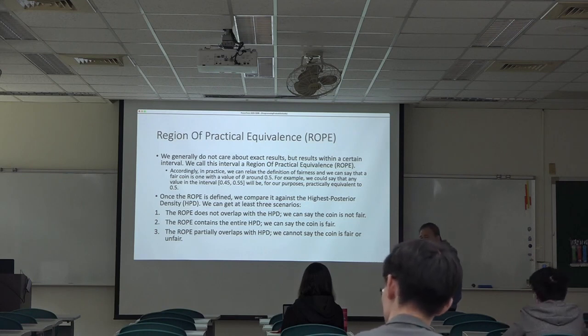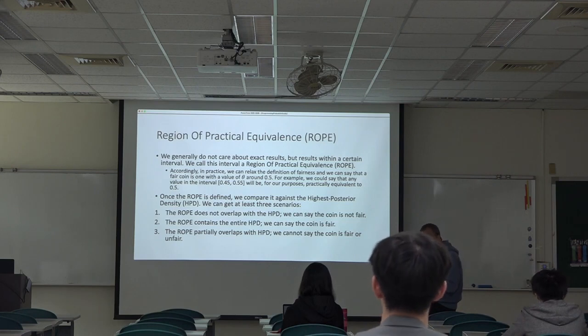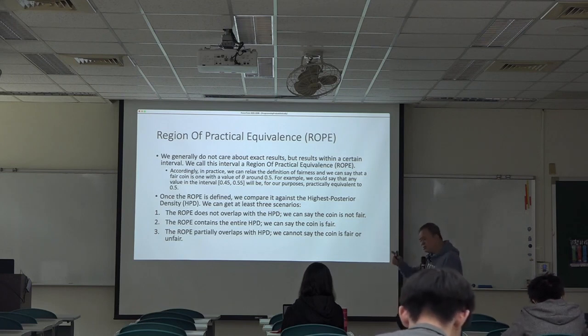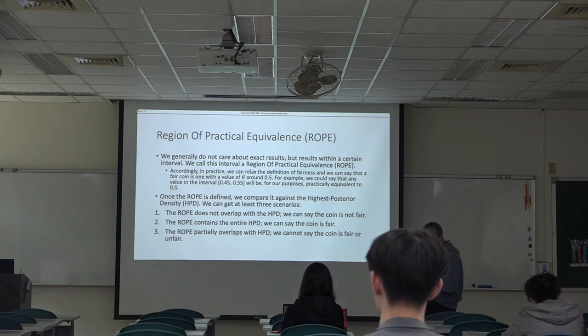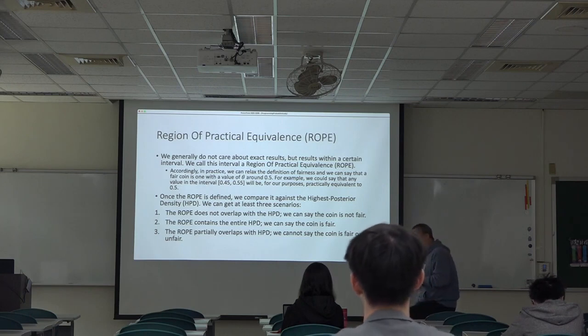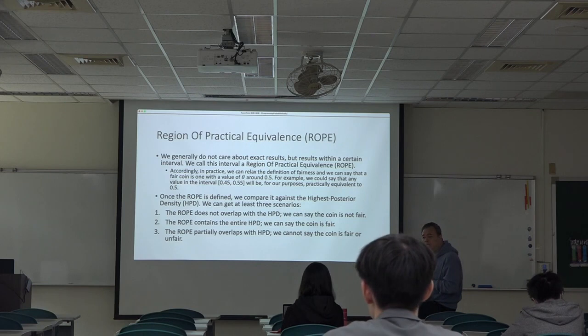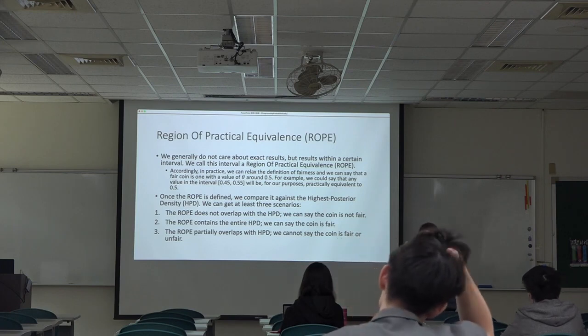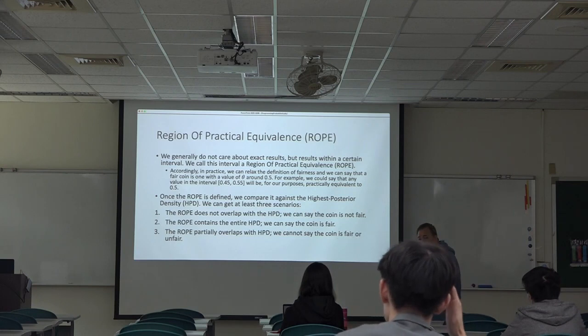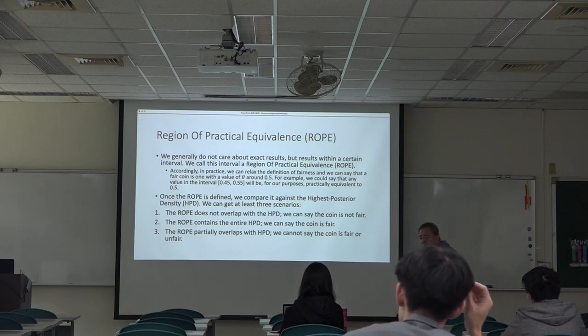But in practice, do we really think the theta value for the coin has to be exactly 0.5 to be fair? How about 0.50001? It's already close enough to a fair coin, right? Or 0.49998.